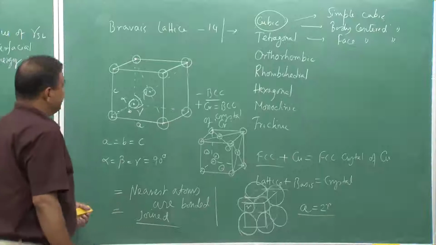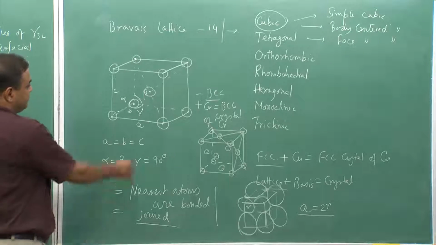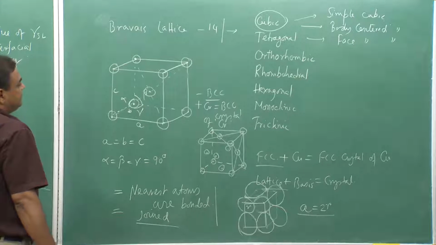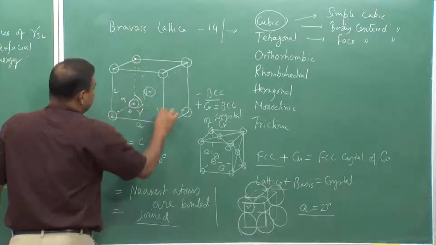Now, at the same time, in case of BCC, the nearest neighbor would be this one and this one.